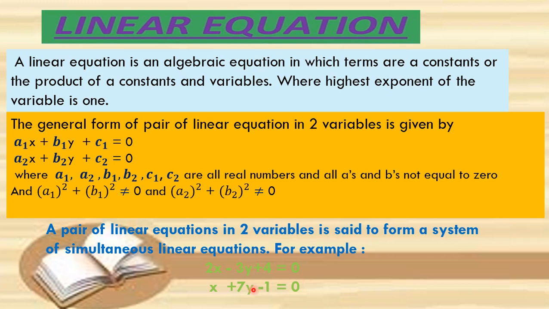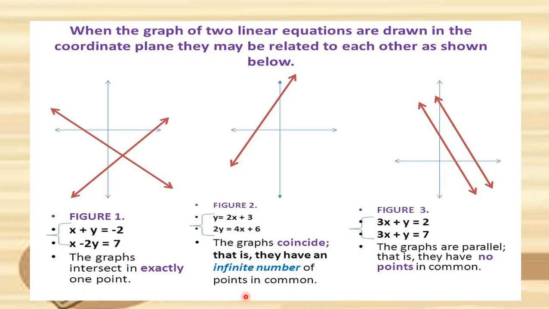As in the ninth class we learned about the graphical representation of linear equations in two variables, in the same way, when we plot the graph for both the equations, we get some types of graphs as shown here.